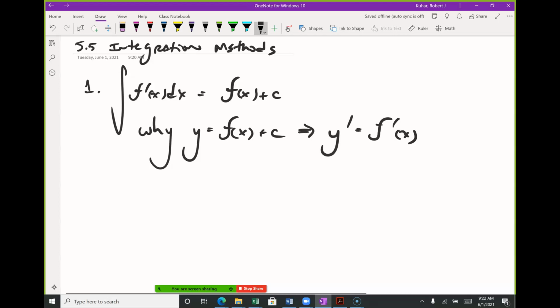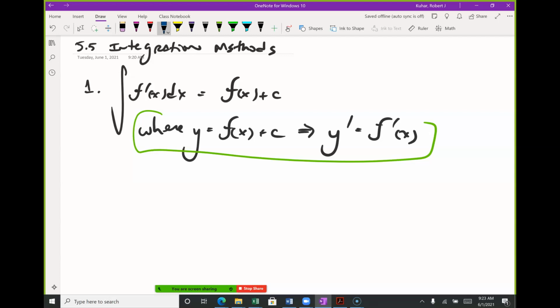So this is the nerd version. Sorry, where, not why. And then the human version is we recognize the derivative. We know f prime of x.